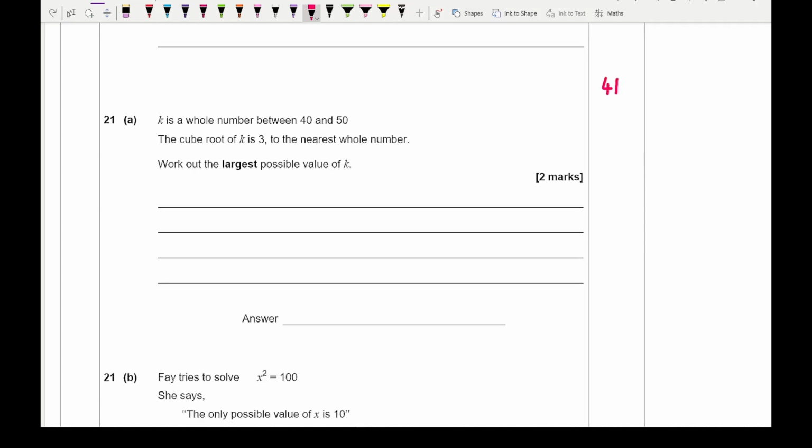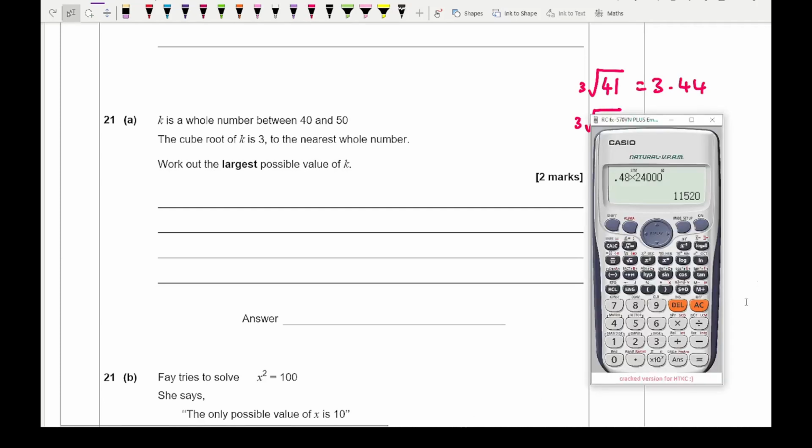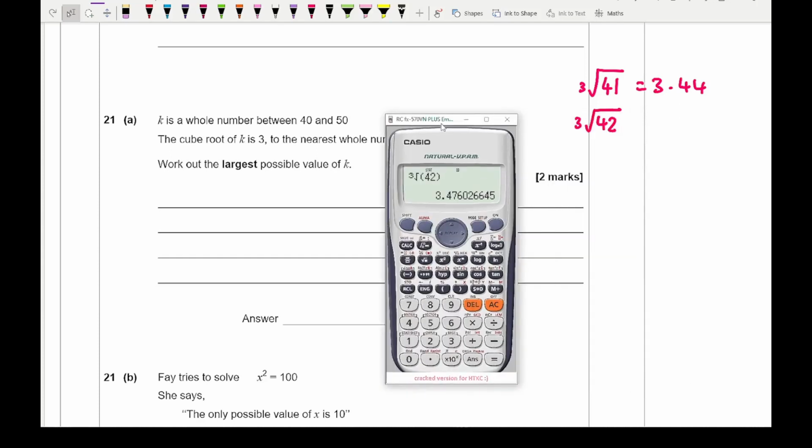So if I do the cube root of 41, typing shift cube root of 41 into my calculator, I get an answer of 3.44. I then do the cube root of 42, and if you're not sure how to do the cube root, let's do it on screen. My cube root is the shift of that, it should give a little 3, type in 42 this time, press equals, and I get 3.47.